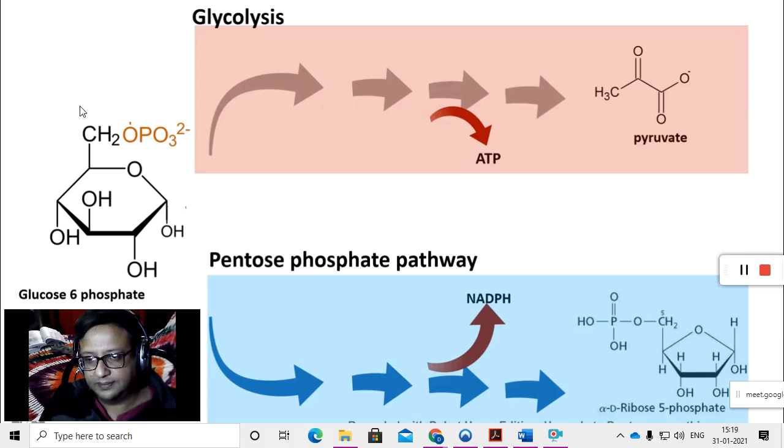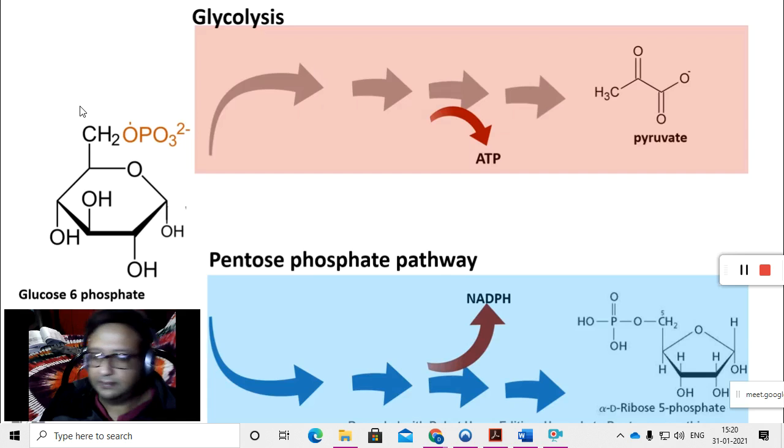How the glucose 6 phosphate would be utilized is a matter of the body's metabolic demand. For example, if the body requires energy, it would quickly use the glucose 6 phosphate into pyruvate and produce energy that would provide the body instant energy.